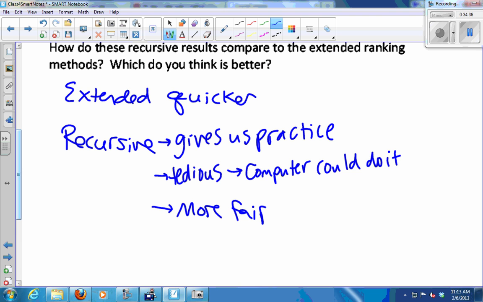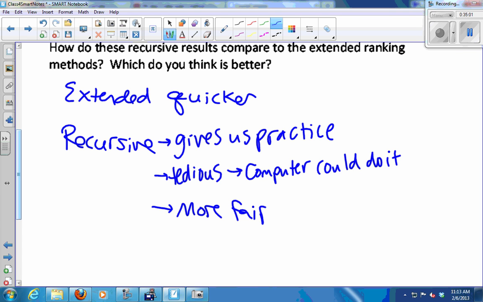All of them consider all of the candidates, but the thing with recursive is that once we know who's going to win, whether we do extended or recursive, the winner is the same, right? So there's an argument that this is more fair because the people who voted for that person, those votes aren't affecting everybody else.